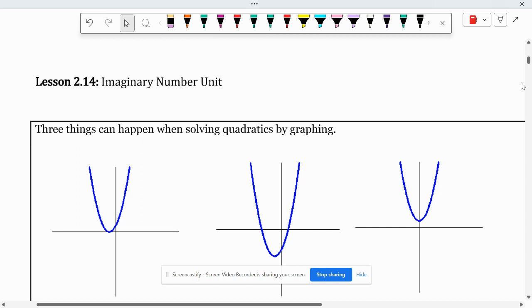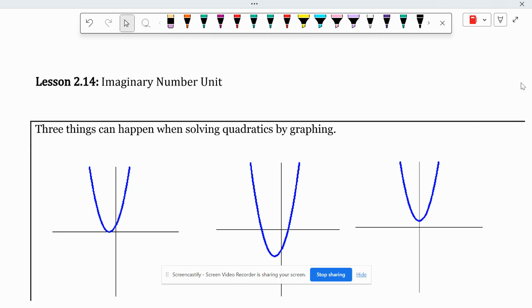Continuing on with our quadratic world, we're talking about the imaginary unit. When we solve a quadratic, whether we use factoring, square root methods, the quadratic formula, or graphing, which is probably the worst way to solve, we end up with two solutions.